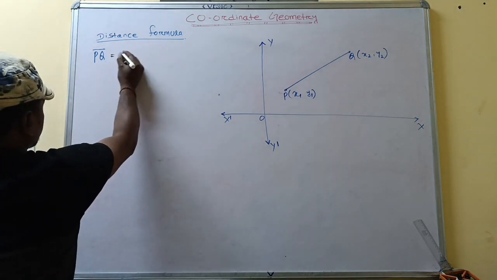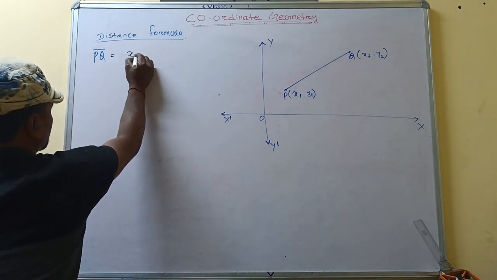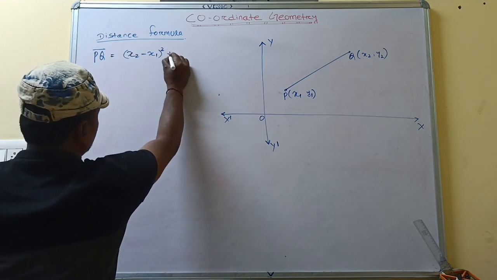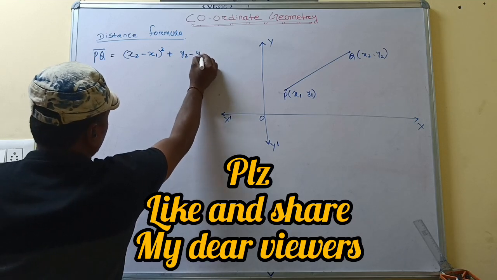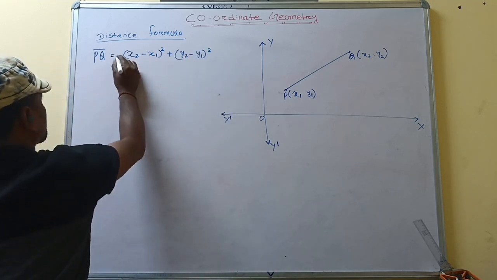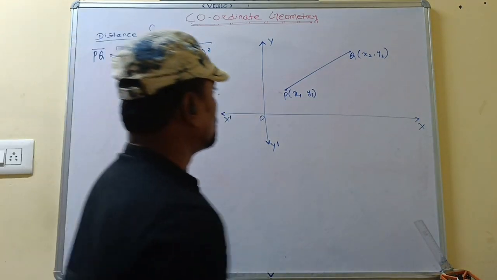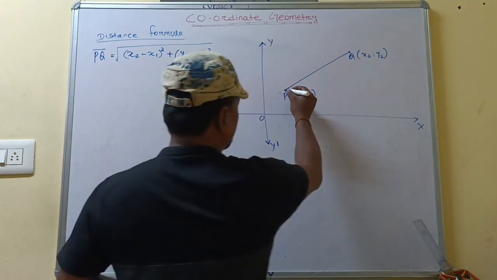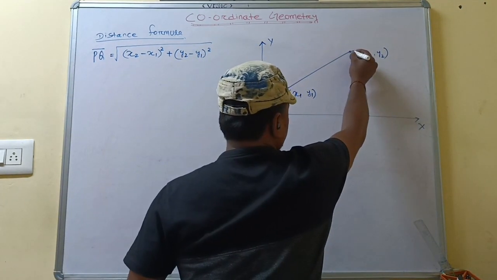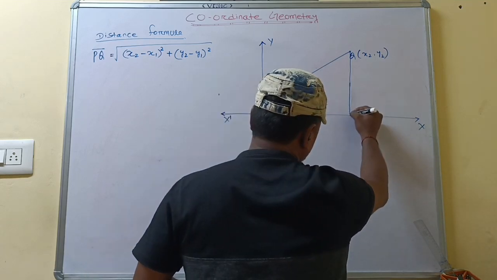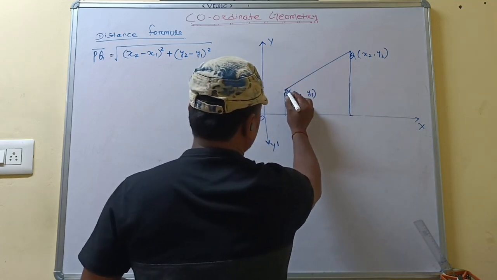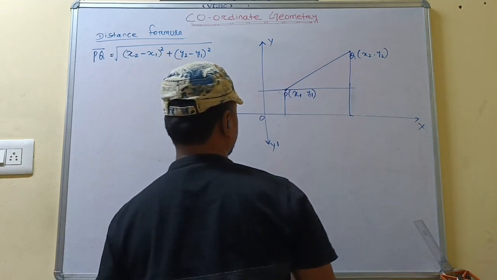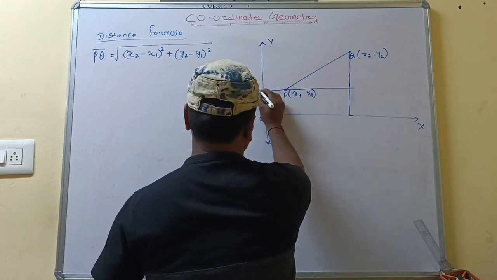PQ is equal to the square root of x2 minus x1 whole square plus y2 minus y1 whole square. Now look at this figure. This is P of x1, y1. If I join this line perpendicularly, it will intersect the x-axis here, and if I join one line parallel to the x-axis, it will intersect at y.